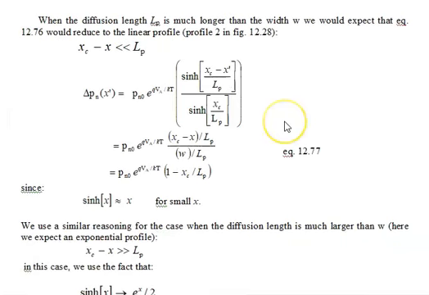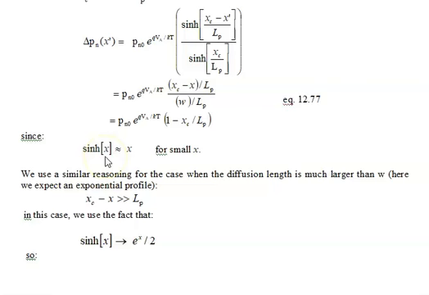So the good side would be when the diffusion length is much greater than the quasi-neutral region, and in that case, the sinh for very small values of the argument reduces to a linear function, because the sinh of x for x small is approximately equal to x, just like the sine.